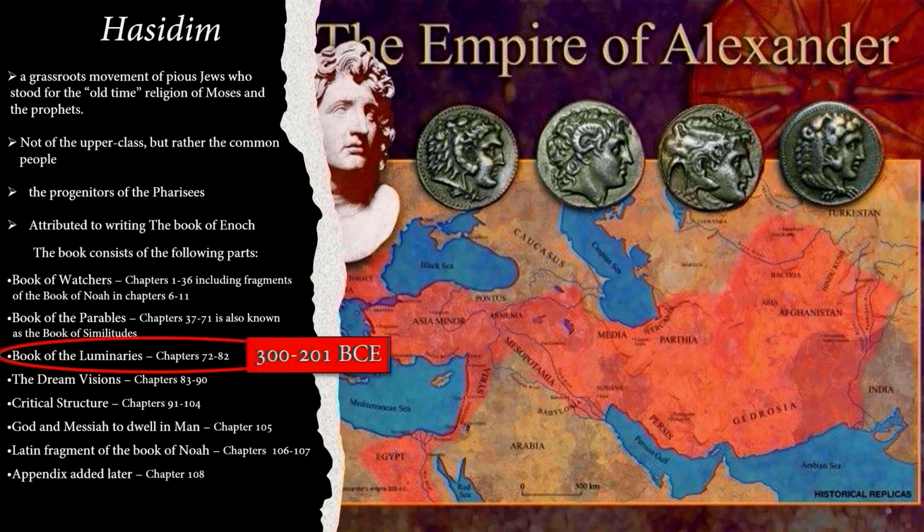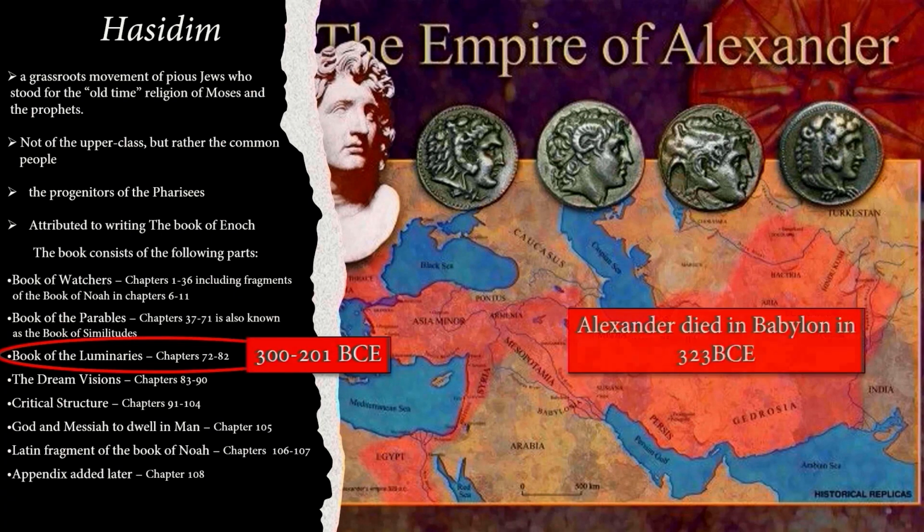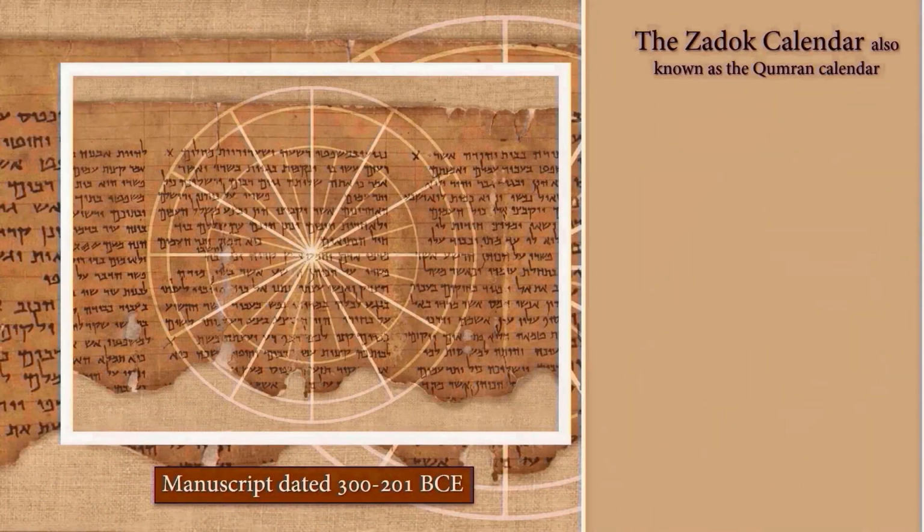This is an important date. To give you some perspective, this dating is no earlier than 23 years after the death of Alexander, who died in Babylon.